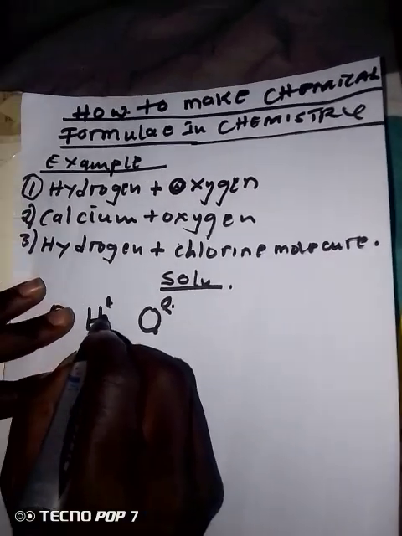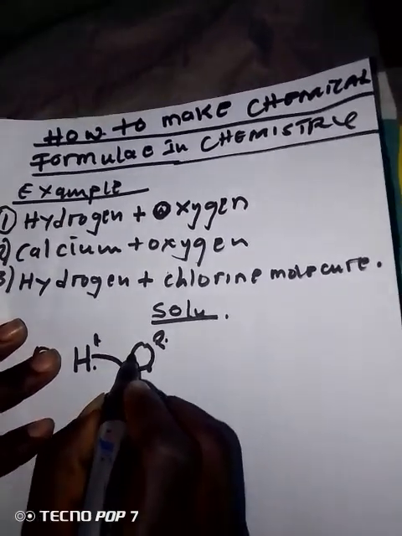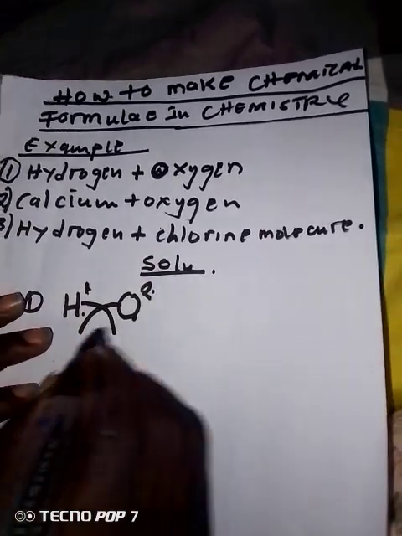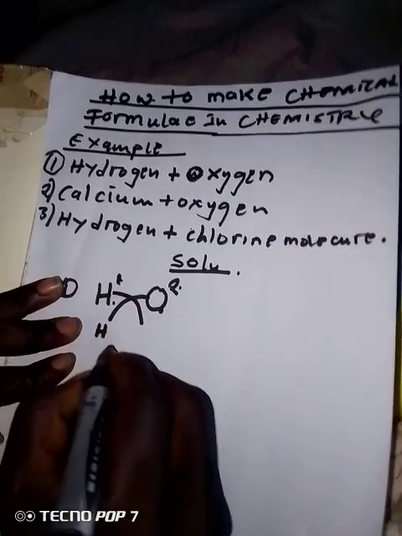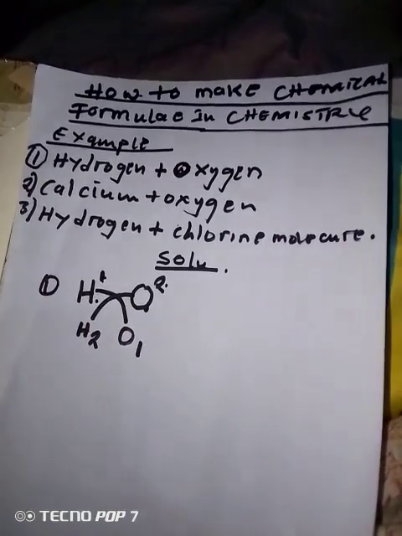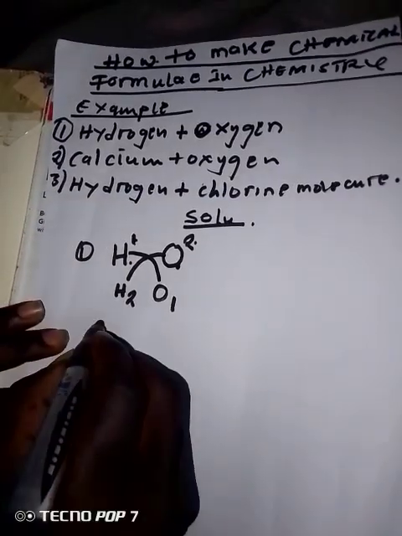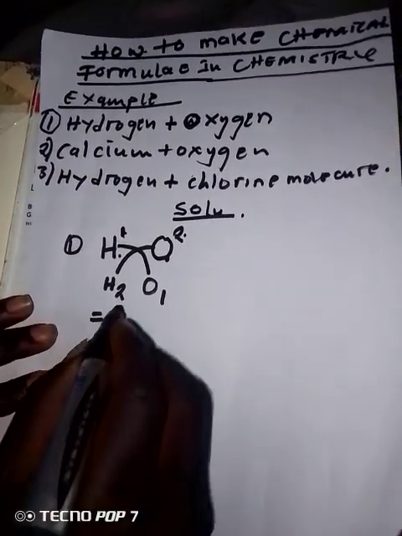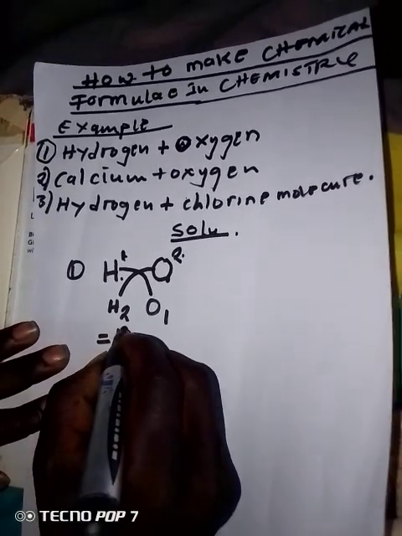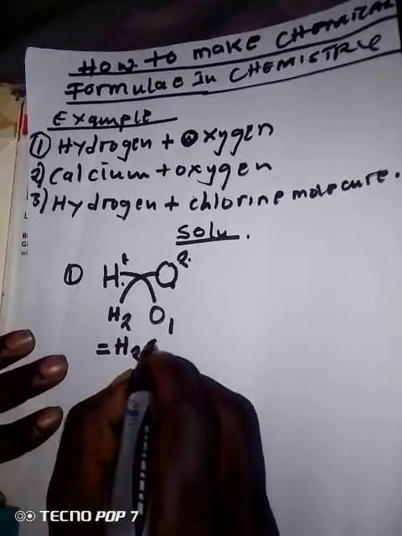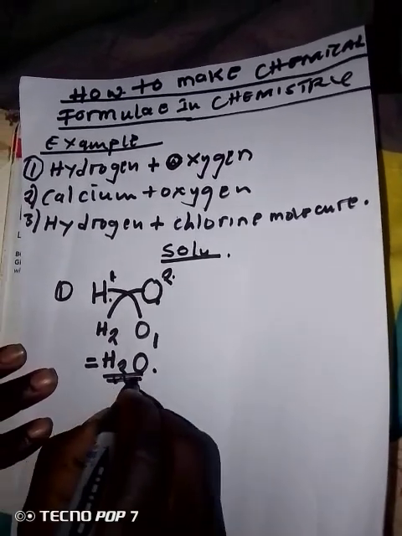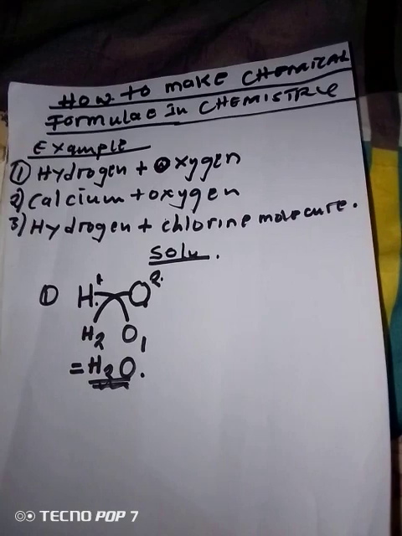So hydrogen will have 2, then oxygen will have 1. How do we end this? We divide by 1, so we remain with H2O. So this is how we make the chemical formula for water.